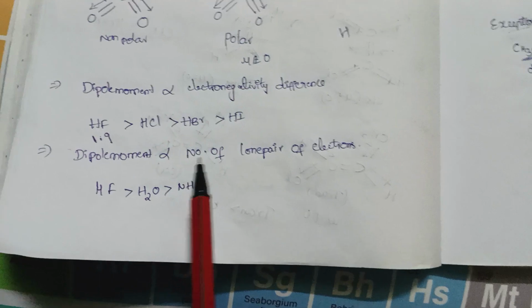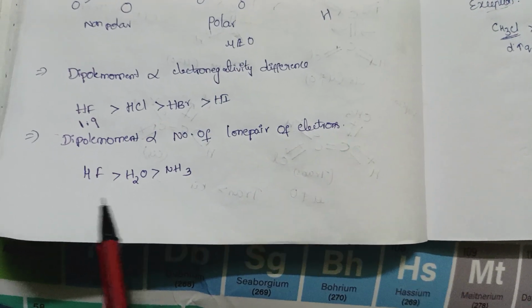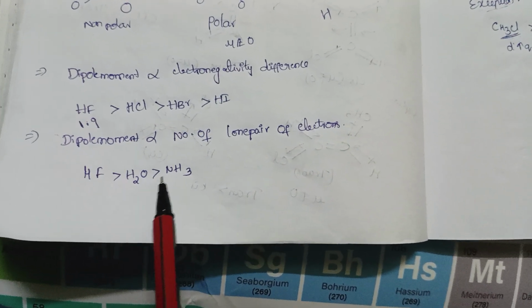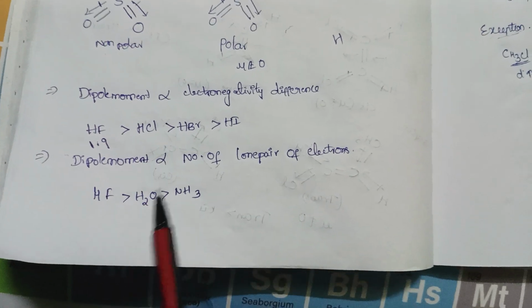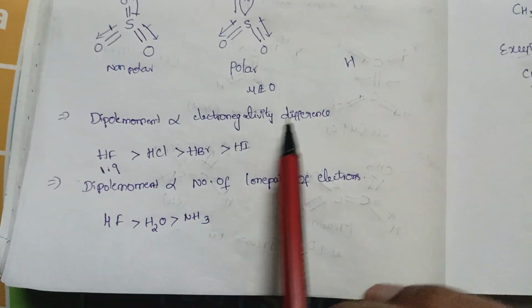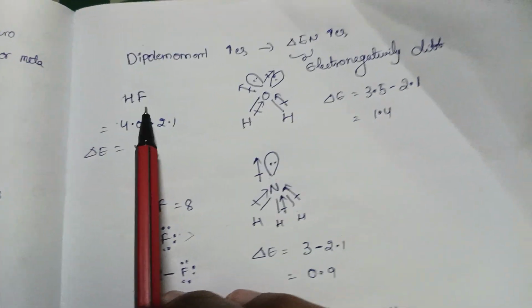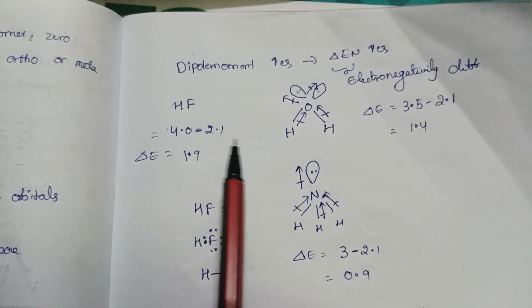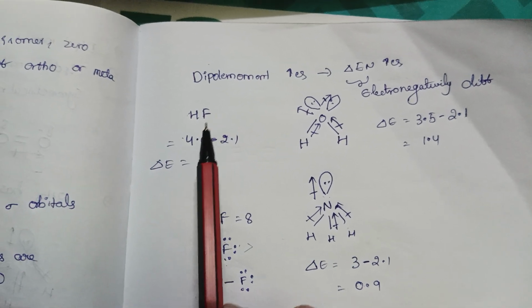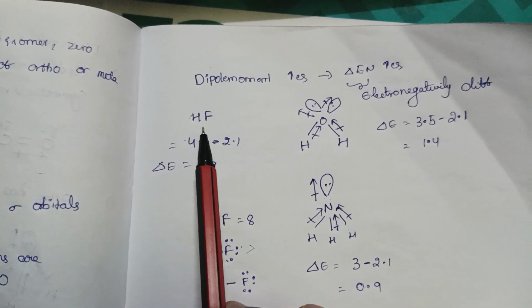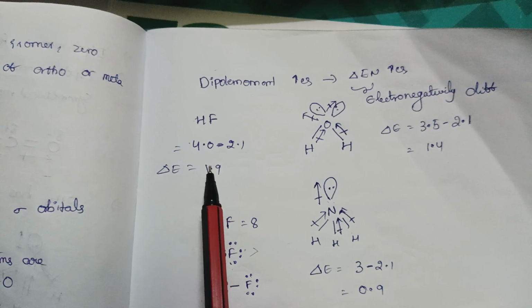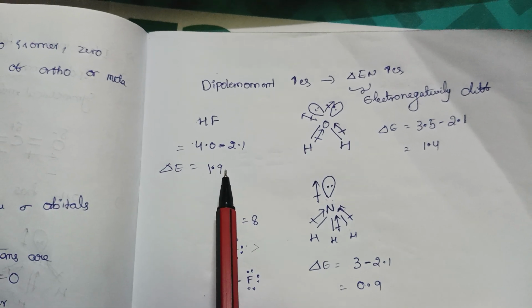Dipole moment is also directly proportional to lone pair electrons: HF is greater than H2O, which is greater than NH3. If we look at electronegativity difference and lone pairs, for HF the electronegativity of fluorine is 4 and hydrogen 2.1, so the difference is 1.9.